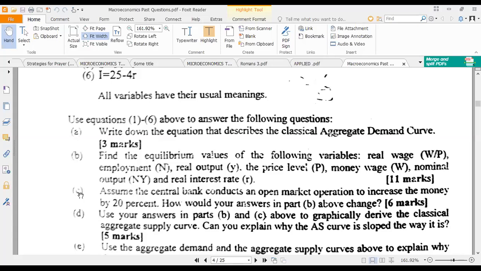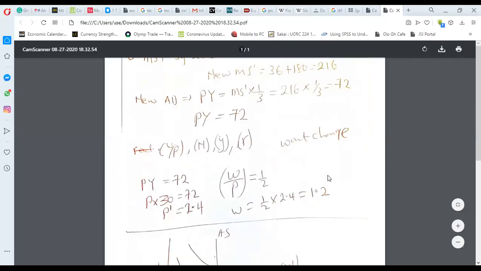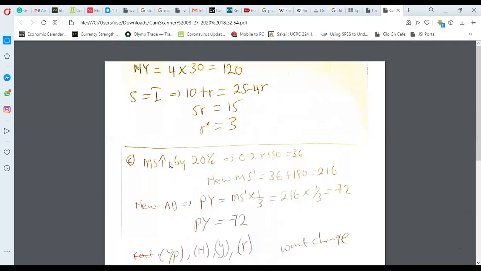Then the nominal wage, I don't even know if we're supposed to do math there or not, but let's see. If we increase the money supply by 20%, then 20% of 180 is 36. So the new money supply is 216.